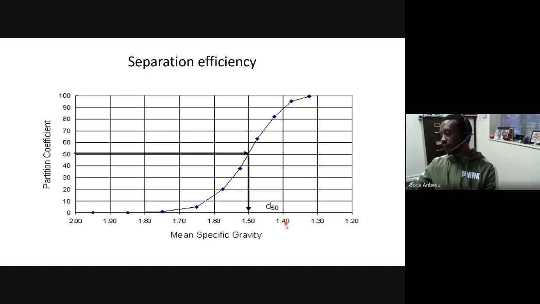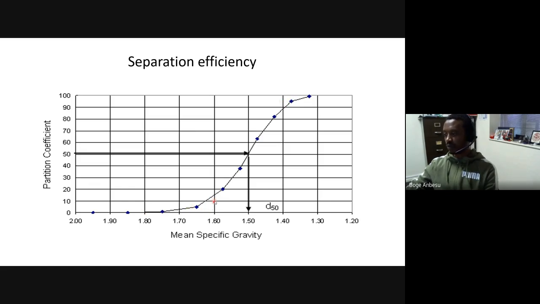So if all of 1.4 particles went to the float, this should be 100%. But as you can see here, it's about 90%. It's telling me that about 10% of particles that are 1.4 in specific gravity, rather than going to the float, they actually went to the sink. So that's what this number here tells me. Okay, and the same is true here.